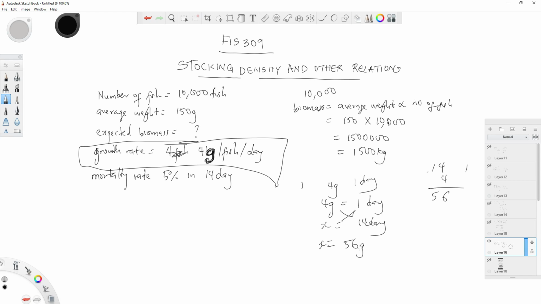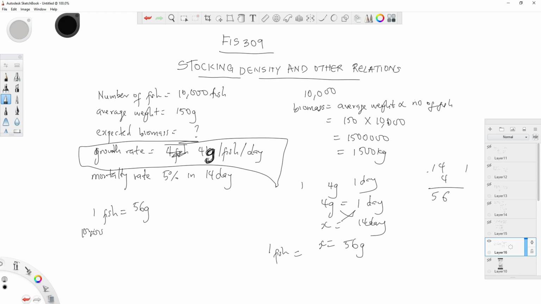But remember that they're not just one, there are 10,000 of them. This is what one fish is going to accumulate in 14 days.